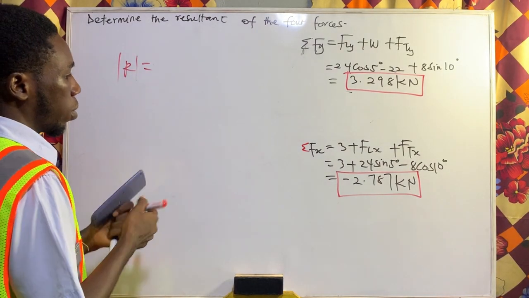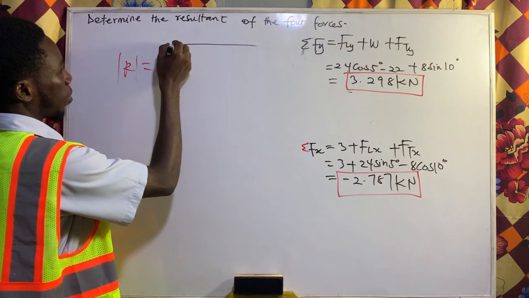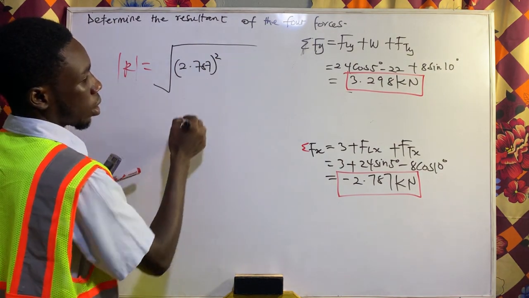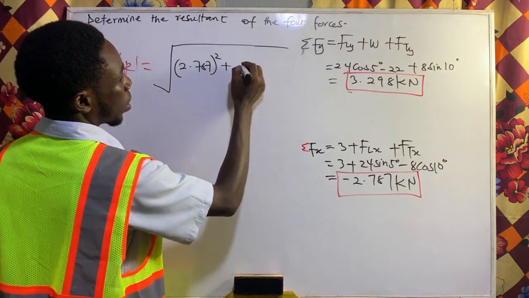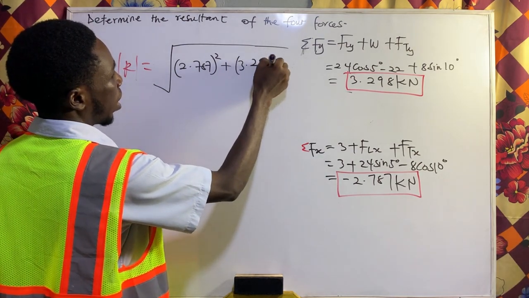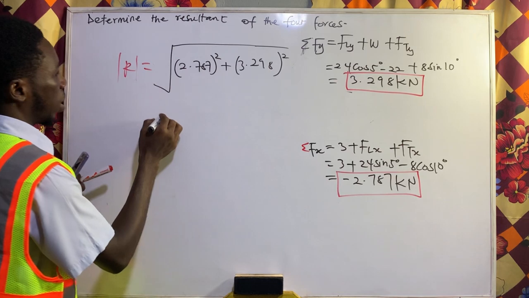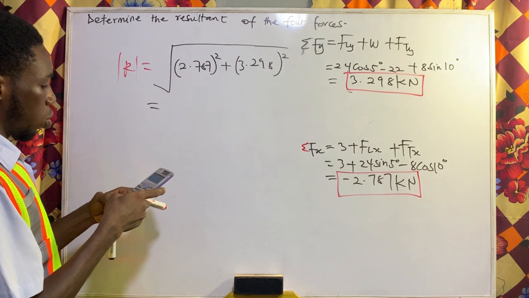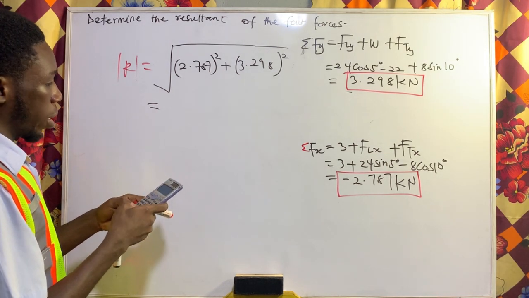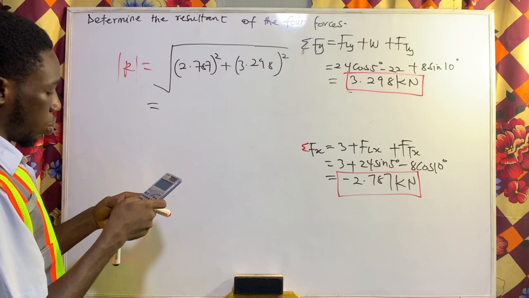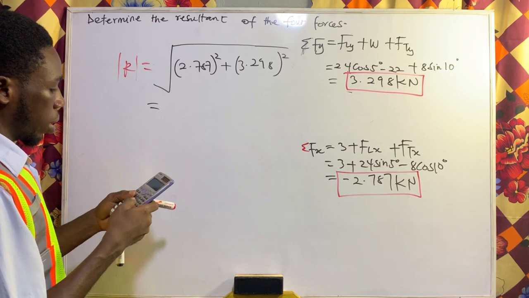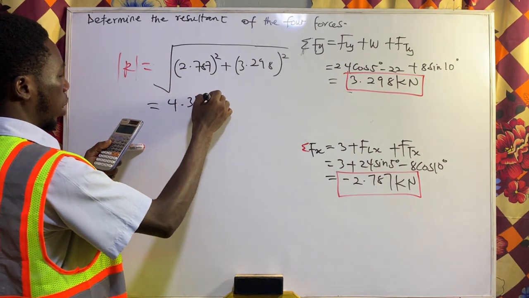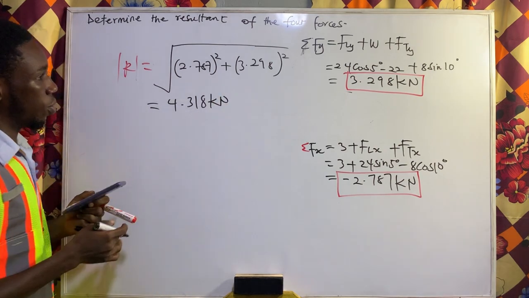So for that value, we are going to have the square root of 2.787 squared plus 3.298 squared. Okay, so let's see what you are going to get for that value. That gives us a value of 4.318 kilonewtons. So that will be the magnitude of the resultant force.